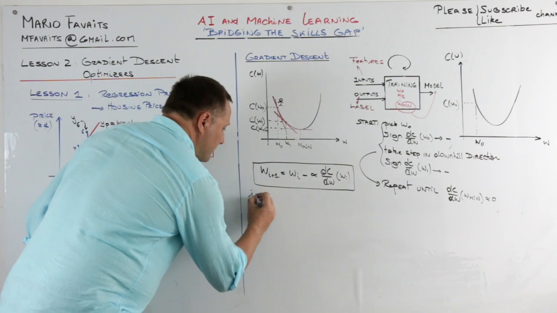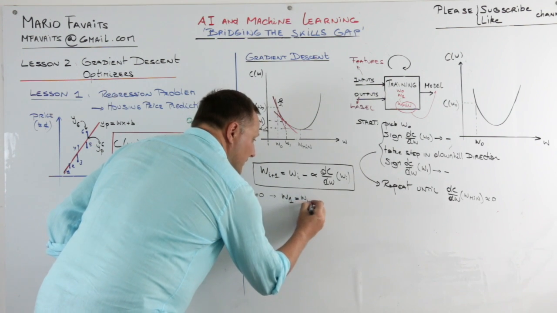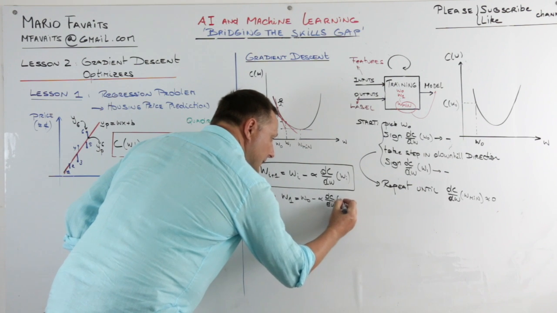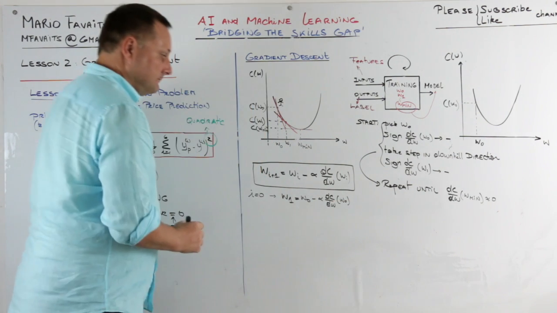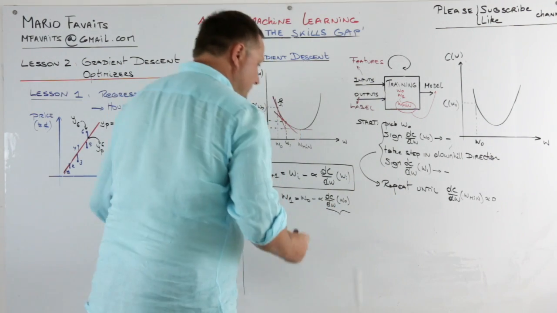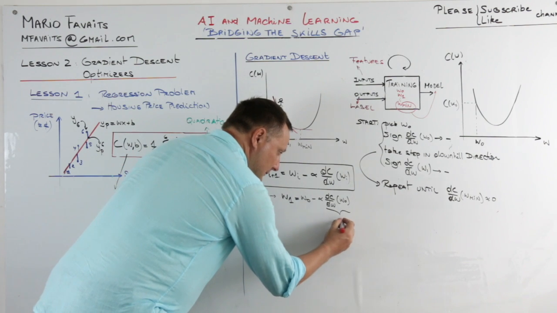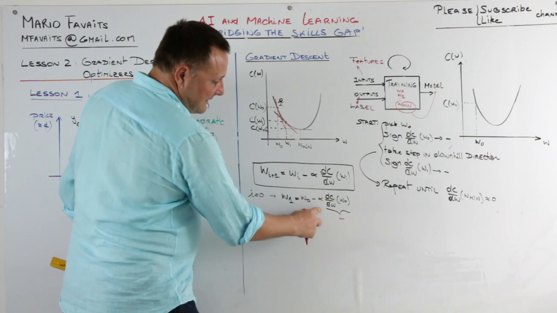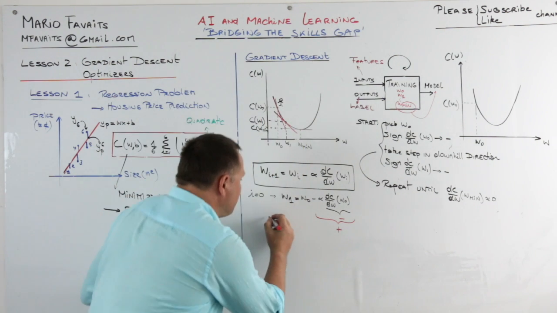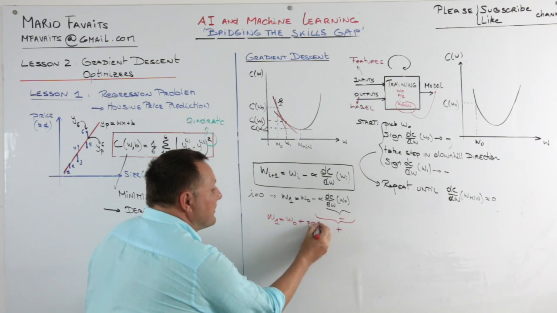So if i equals 0, what do we have? We have W1 equals W0 minus alpha dC/dW in the point W0. Okay? Now, dC/dW in the point W0, this is negative. So this negative and this negative together make a positive. So that gives you that W1 equals W0 plus something positive.